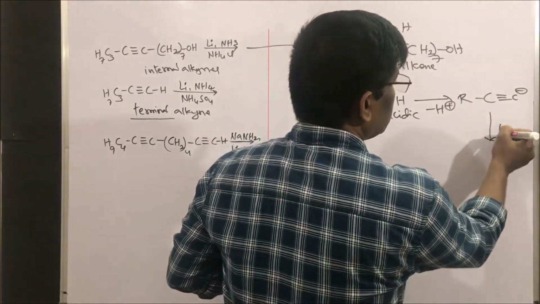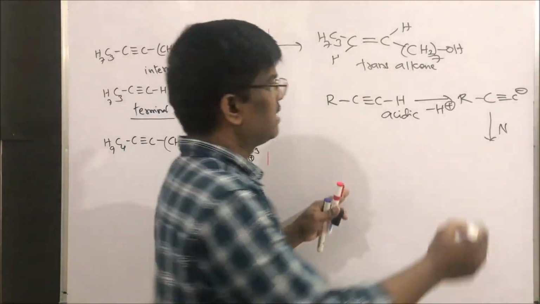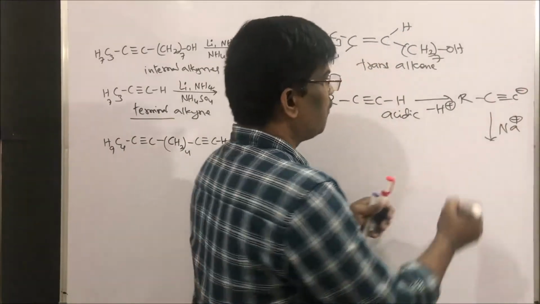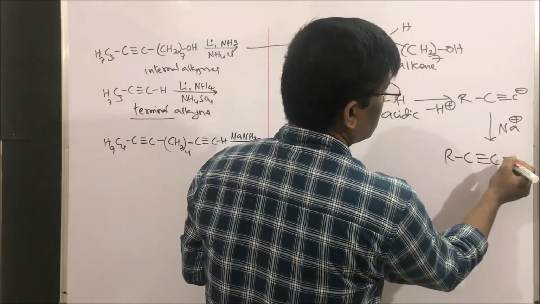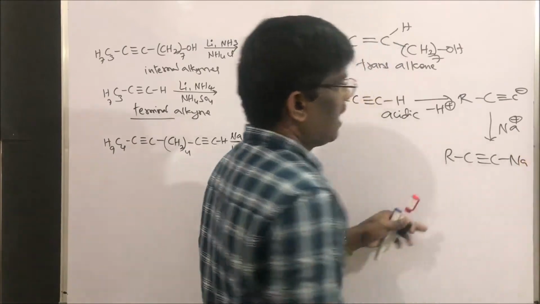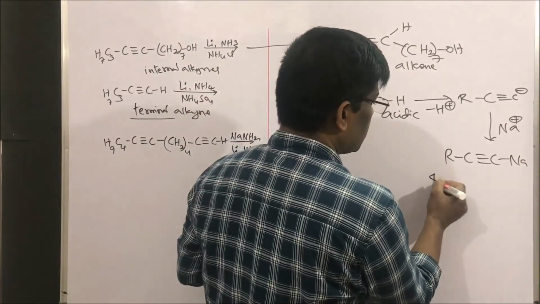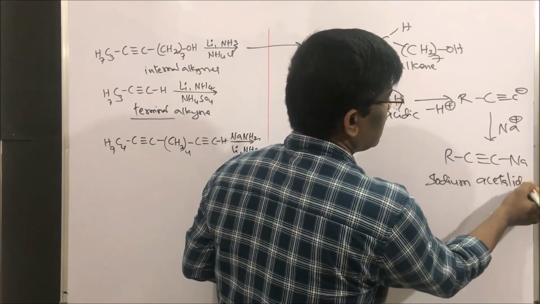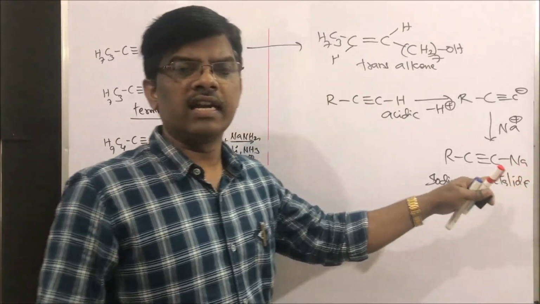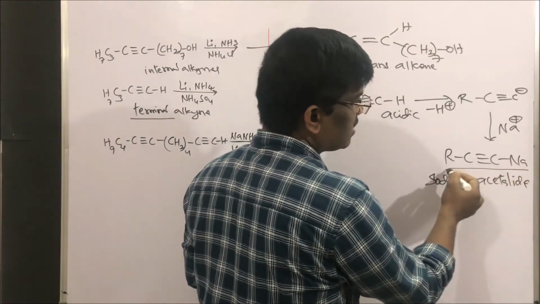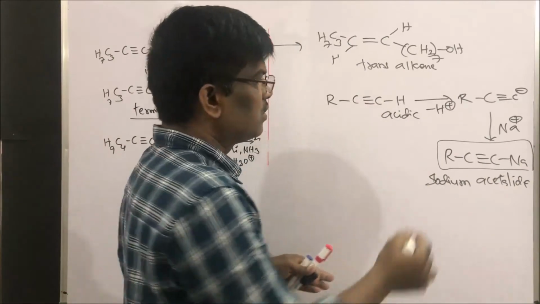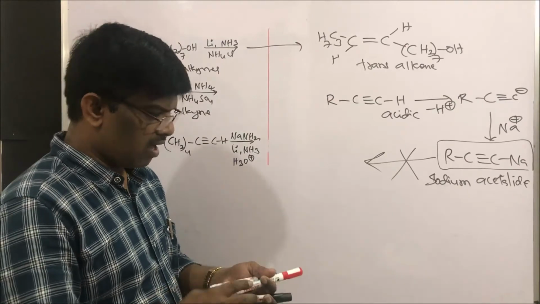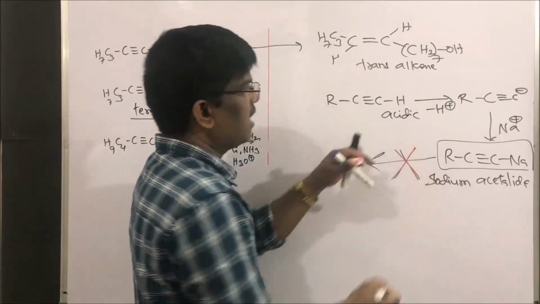Since we are having a base, amide, it is going to form RC triple bond CNa, sodium acetylide or lithium acetylide. This acetylide is not going to react further because it is a stable acetylide. So further reduction to the double bond is not going to take place.